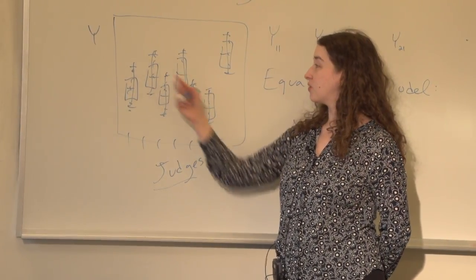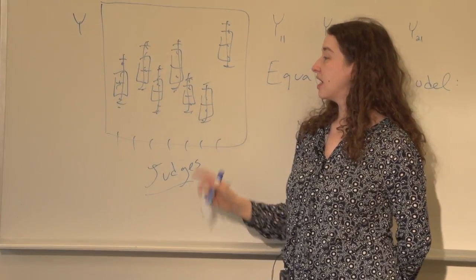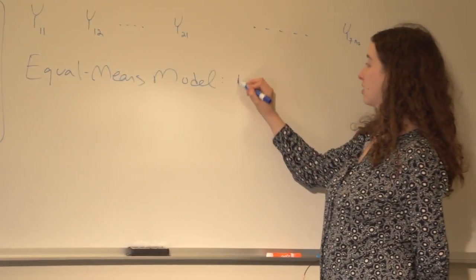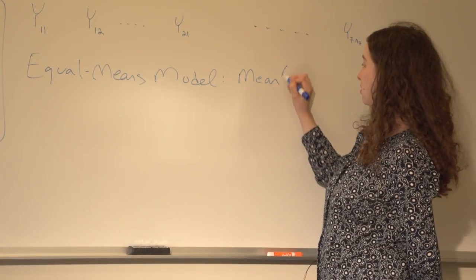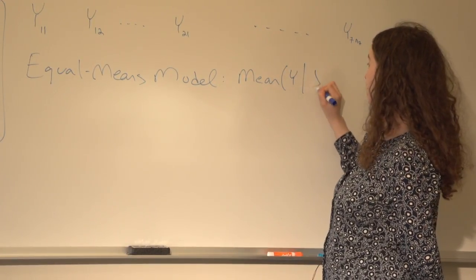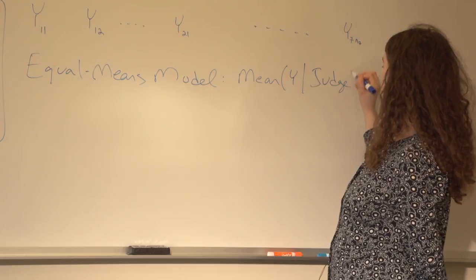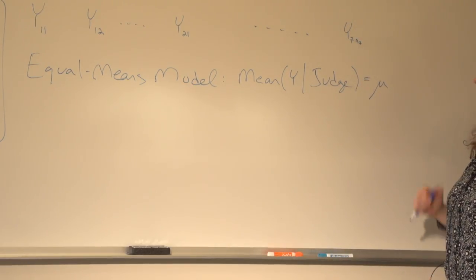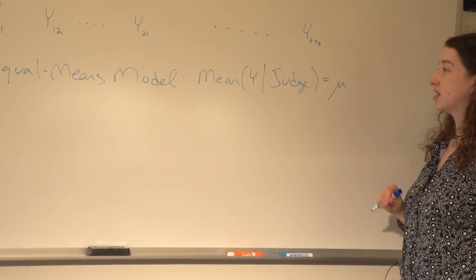The mean value of y, the mean of these data points, has nothing to do with judge. Okay? The mean of y, given that you tell me which judge it is, is just some single value mu that doesn't depend on the judge. The equal means model says there's only one mean here.